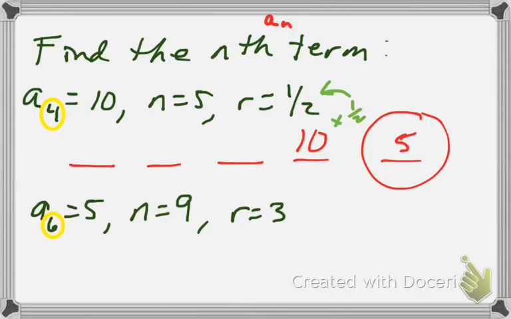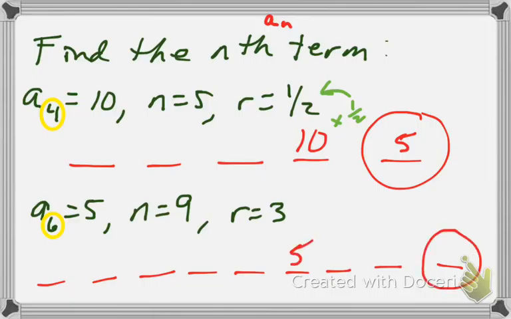Now I want you to do the second one. I want you to look at what's given, what they want, and see if you can figure out how to solve the problem. All right, here's what I did. I set it up that my sixth term is 5, and I'm looking for the ninth term. A6 is 5.